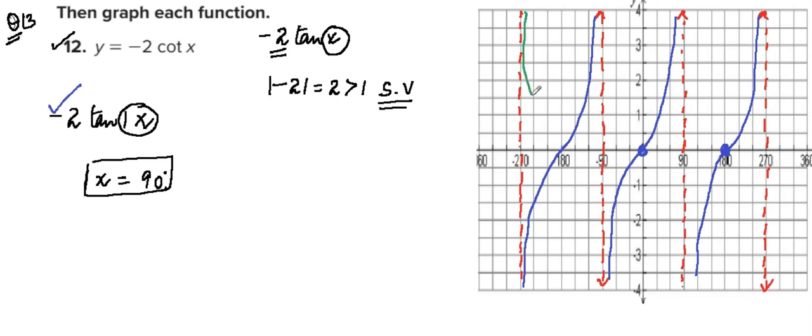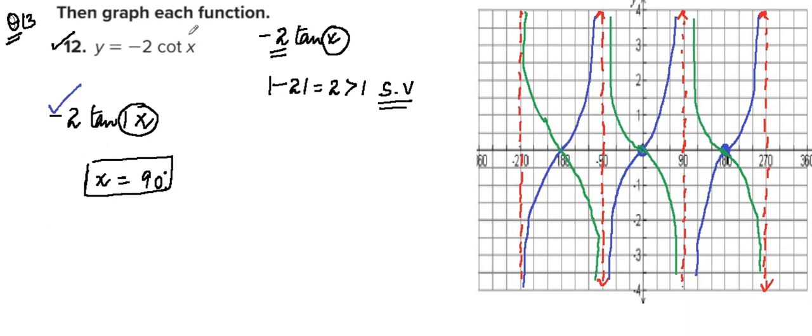So the green one is the graph of minus 2 tan x. The blue line is representing 2 tan x, the green line is representing minus 2 tan x.